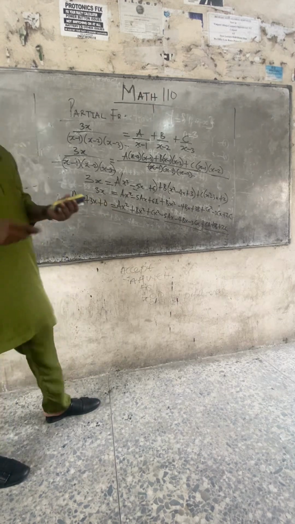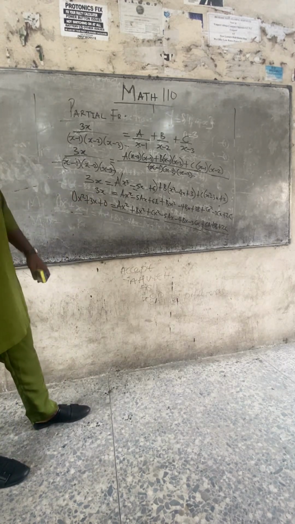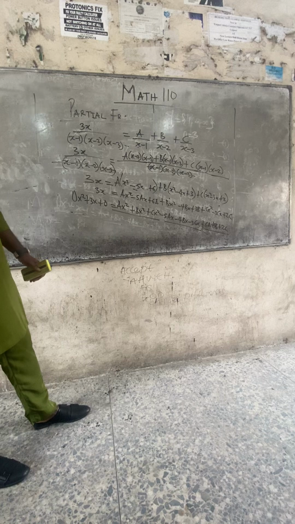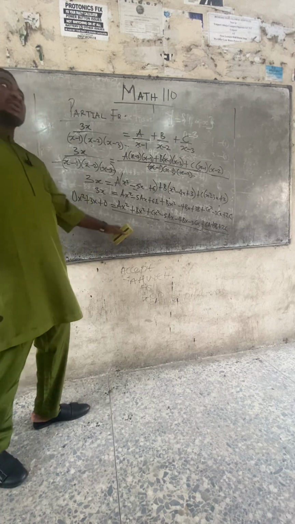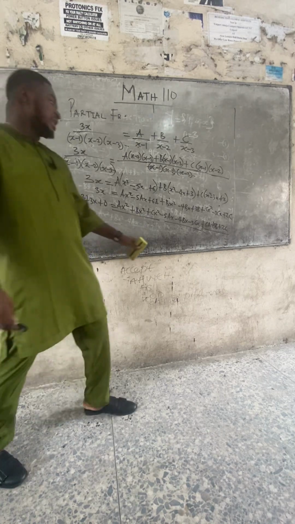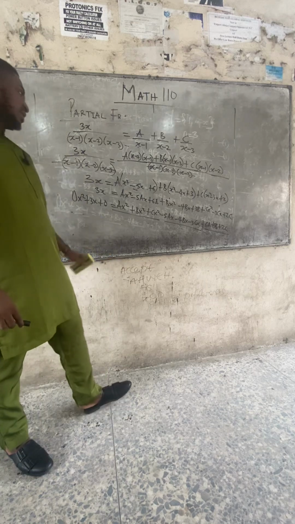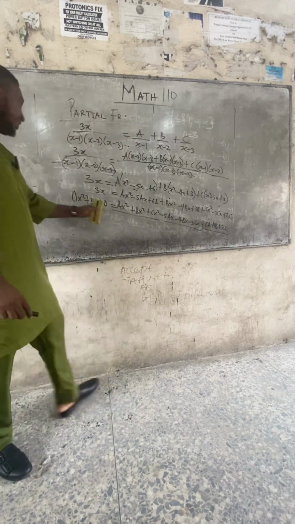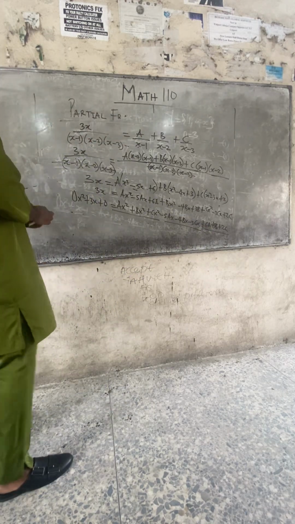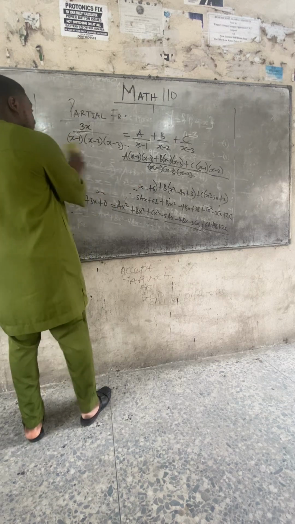It now allows us to equate equivalent parameters. Equate those that have x squared on this side to those that have x squared on this side, those that have x to those that have x, and those that don't have x at all to those that don't have x at all. Since everybody got this middle part, I can clean it.